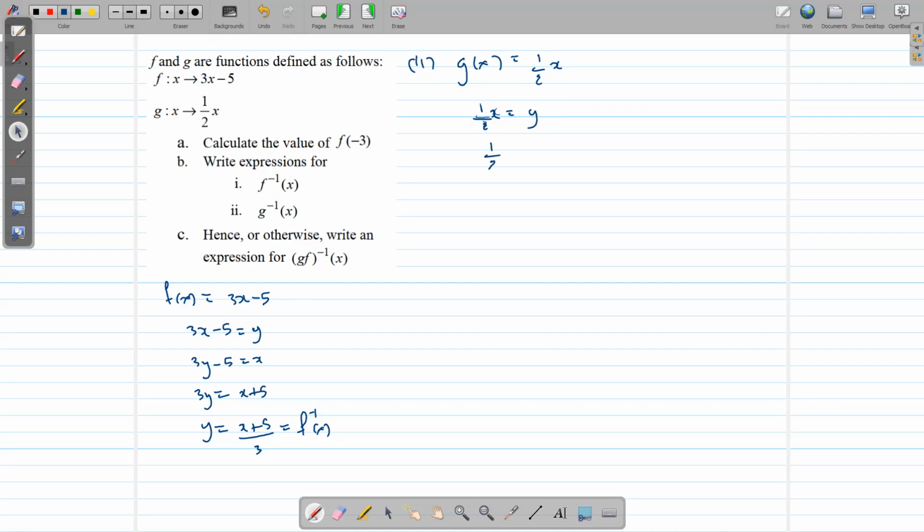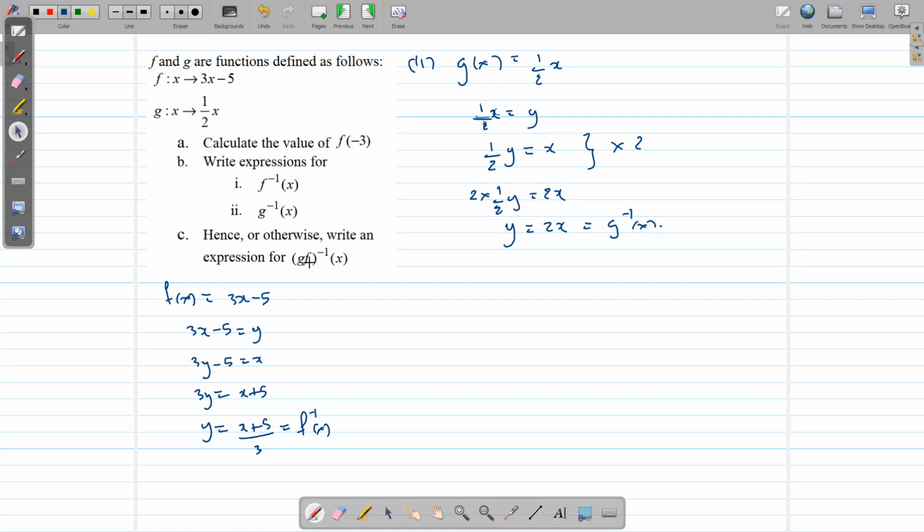So it becomes half y equal to x. And to solve this here for y, we simply need to multiply both sides by 2. So 2 times a half y is equal to 2 times x. 2 times a half will give us 1. So we end up with 1y is equal to 2x, which becomes g inverse of x.